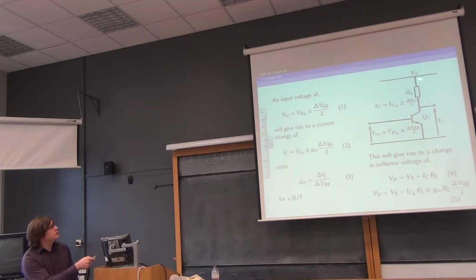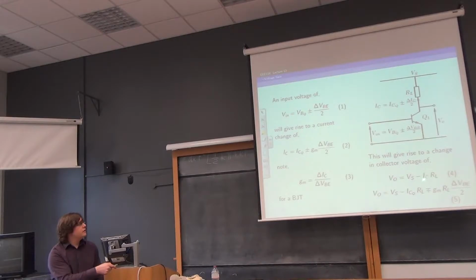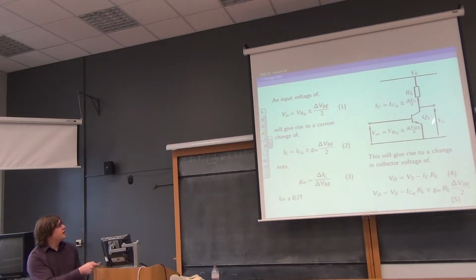So we're just applying Ohm's law here, and we're saying that the voltage across RL is IC times RL, and the value here is Vs minus the voltage we dropped across there. That gives us VO, and we're going to sub in IC from up here into there, and because of that minus sign, this plus minus becomes a minus plus.